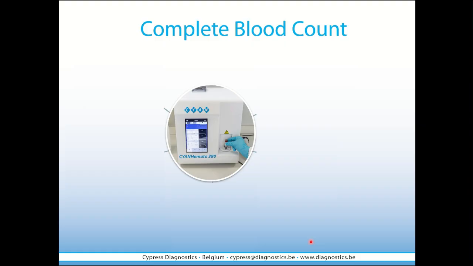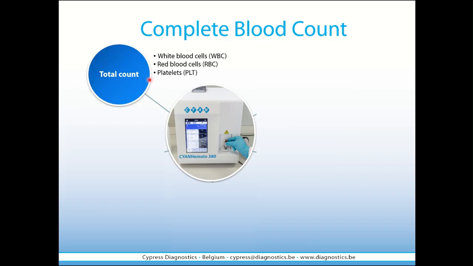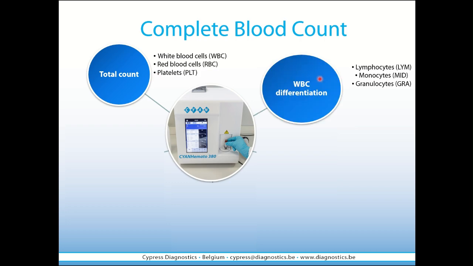By combining the Coulter and the absorbance measurement, the CYANHemato can measure and derive in total 20 parameters. Total count of white blood cells, red blood cells, and platelets. There is white blood cell differentiation, which gives us a total count of lymphocytes, monocytes, and granulocytes.